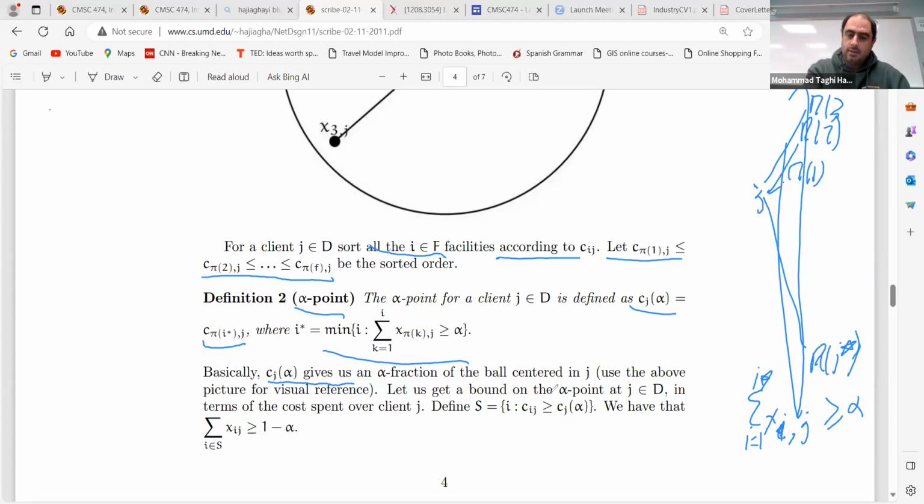Now, let us define S as equal to all those guys that Cij is greater than Cj of alpha. Good. So S is those guys.